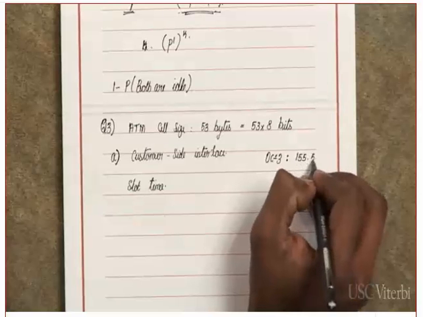Oh, I made a mistake here. So what's our rho? It's the lambda times the service time, right? So let's do the math. The rho approximately comes out to, so what's our service rate? What's our mu actually?